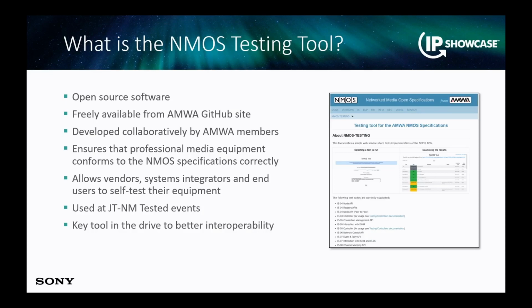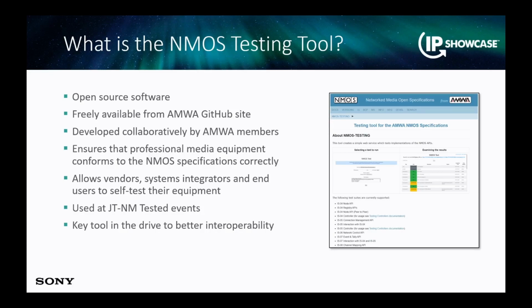And the idea is that it ensures that anyone's professional media solutions can conform to the NMOS specifications correctly by allowing those users, those manufacturers, systems integrators, whoever wants to try it out, to self-test their equipment. So you can download the testing tool from GitHub and try out all these tests yourself.